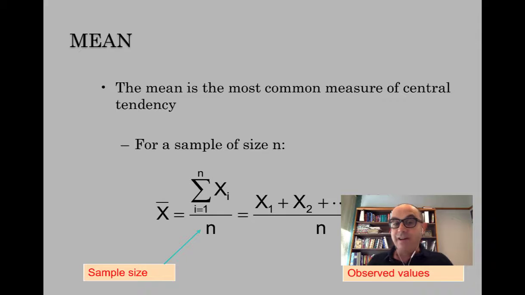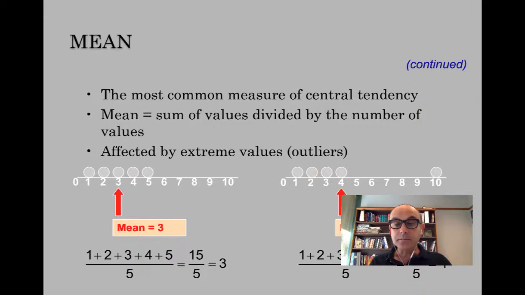So the formula for that is usually we have a sample size, we add all the observed values, in this case x1, x2 up to xn, and we divide by the sample size.